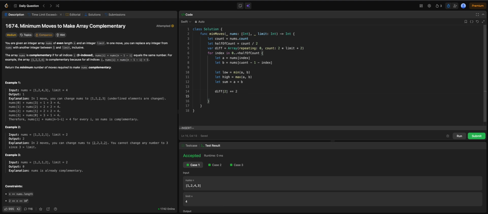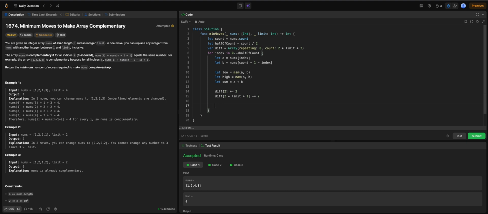So I'm going to do the plus 2 to here, and that will be 2 into limit plus 1 minus equal to 2. So we are trying to measure the possible scenario of changing or replacing the 2 values inside our array.